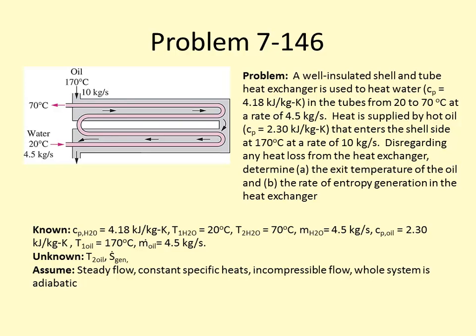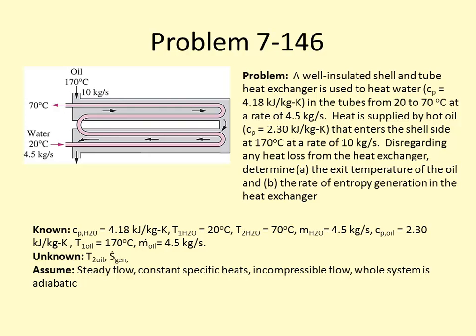So the mass flow of the oil is 10 kilograms per second. C sub P is 2.3 kilojoules per kilogram Kelvin. Natural log of 129 plus 273 Kelvin divided by 170 plus 273 Kelvin.